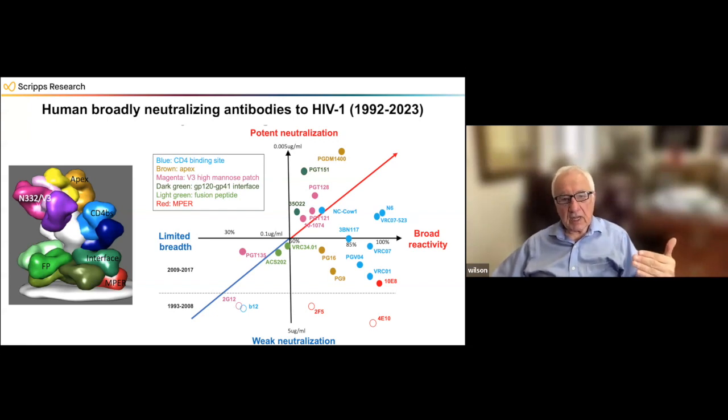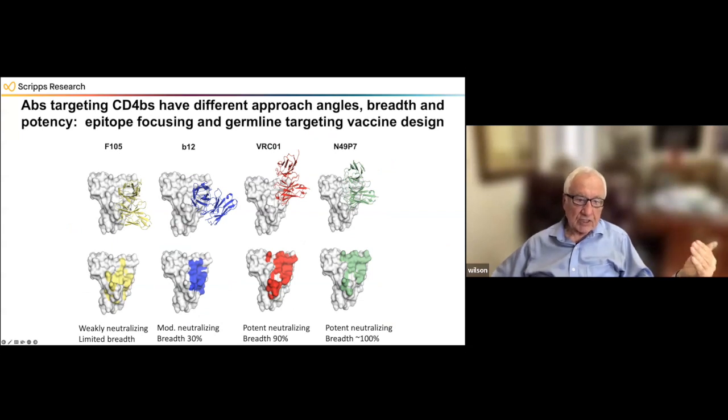If we take one example of antibodies in this region, all these blue ones target the receptor binding site. The first antibodies against the receptor binding site were weakly neutralizing with limited breadth.